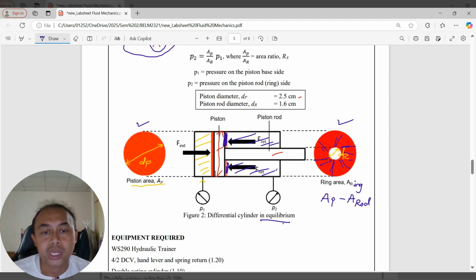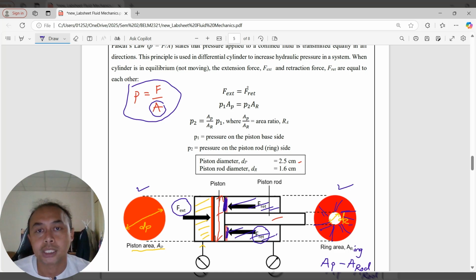What we mean by equilibrium is that the force on this part, which we call the extension force, is equal to the retraction force. This one.